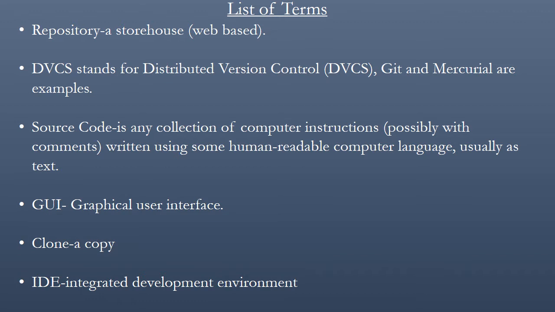Source code is any collection of computer instructions, possibly with comments, written using some human-readable computer language, usually as text. GUI, graphical user interface. Clone, a copy. IDE, integrated development environment. This is used for coding. NetBeans and Eclipse are examples.